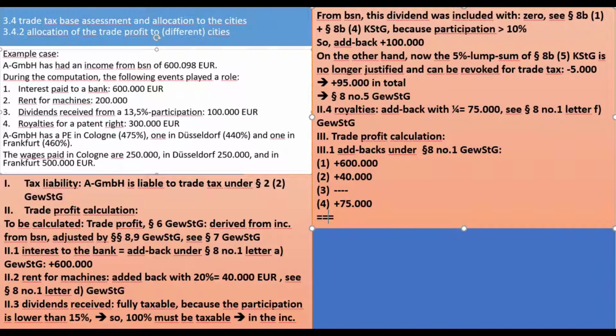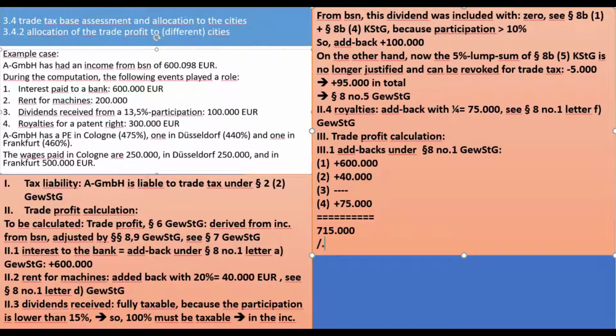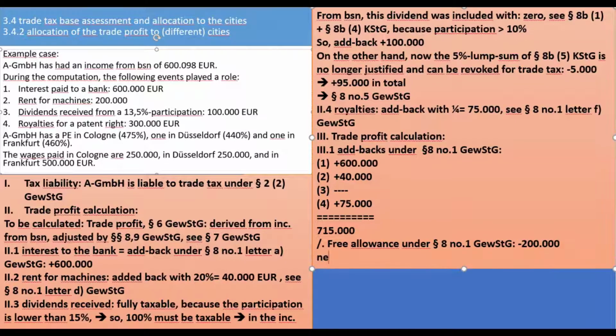So the new subtotal is 715,000, minus free allowance under paragraph 8, number 1, Trade Tax Act of minus 200,000, and leads to a new subtotal of 515,000 euro.